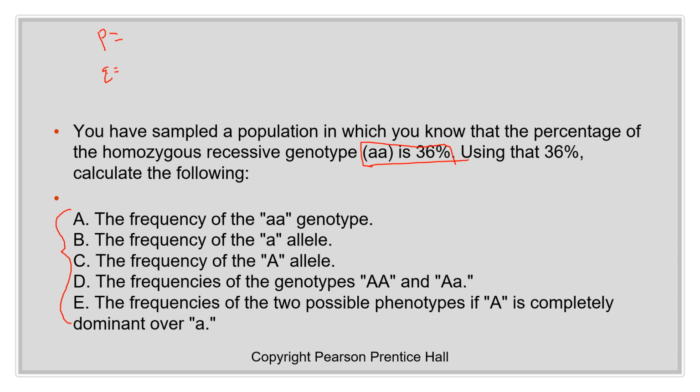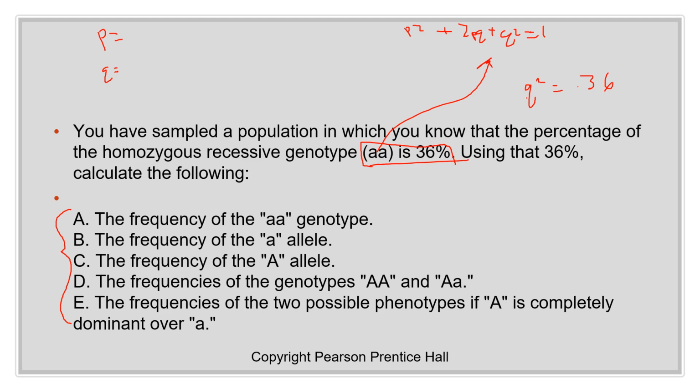First of all, we need to figure out what Q is. How could we do that? Well, remember, we have P squared plus 2PQ plus Q squared equals 1. And we know what Q squared is, because this is what that is. So we know that Q squared equals 0.36.